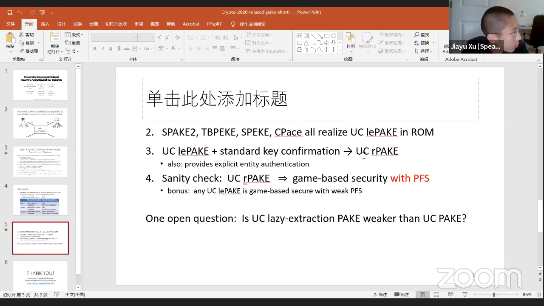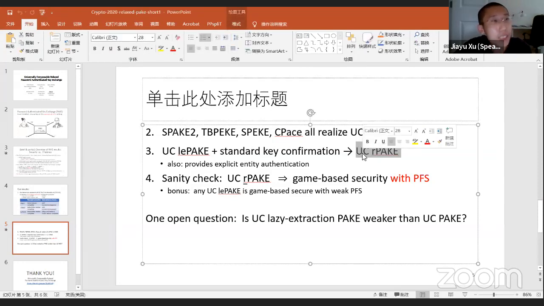Yeah, so OPAQUE is actually an extension of PAKE called asymmetric PAKE. Here, in this paper, we only analyze so-called symmetric PAKE. So we don't cover OPAQUE. OPAQUE actually realizes a UC functionality, which is analogous to this UC RPAKE.